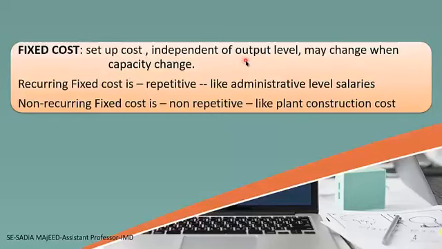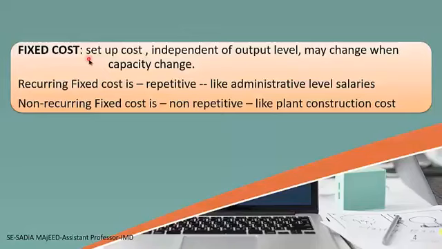Why? Because once you develop the factory, you set up your facility, then you can change the output level according to your production plan, according to the demand of your product in the market. Every time when you change your production plan, you do not need to set up the whole facility again.